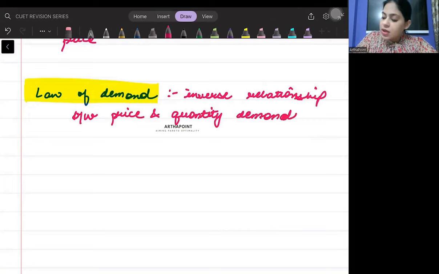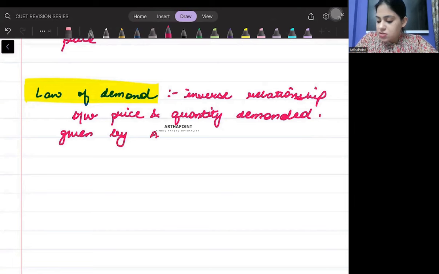Right, beta? And again, the law of demand was also given by Alfred Marshall.